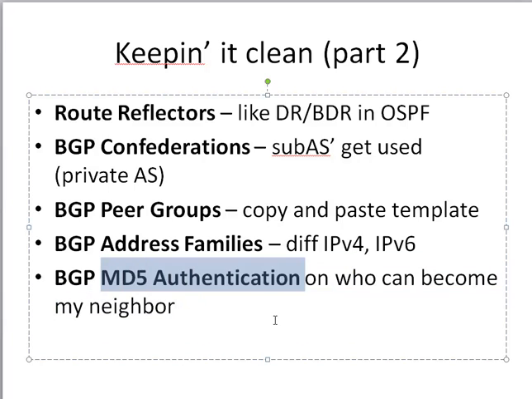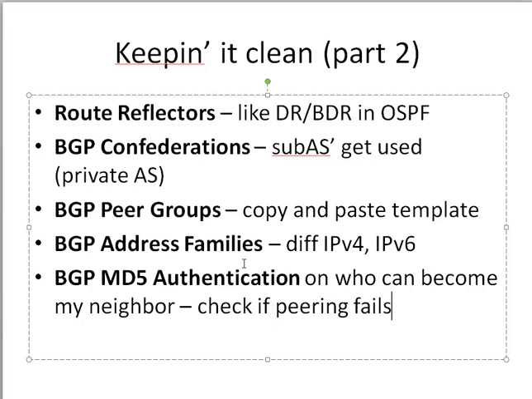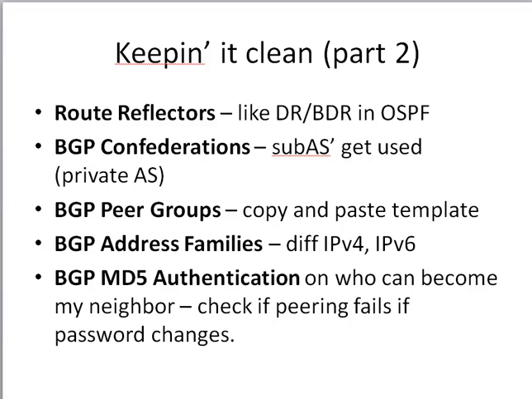Probably in a part 2 lab, we could mess around more with that, so we can check if peering fails when the password changes. That's something I definitely want to do for part 2. Cool. Okay.